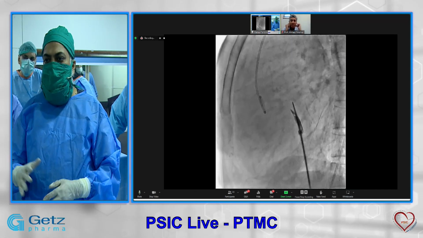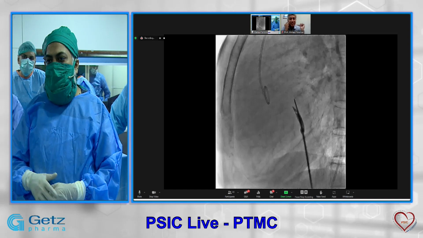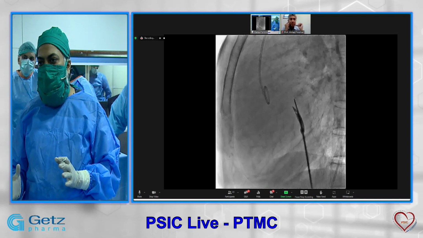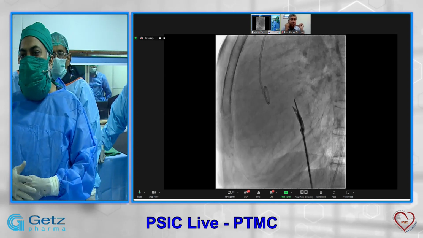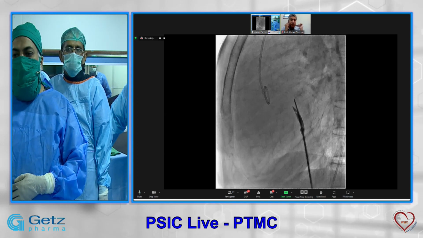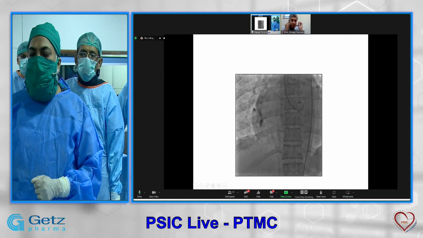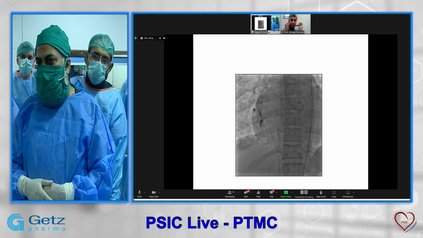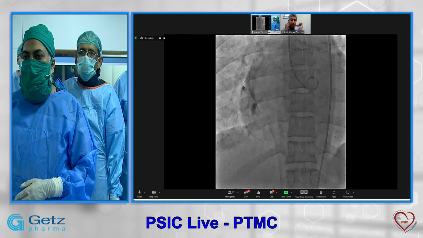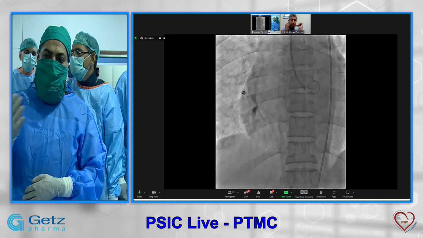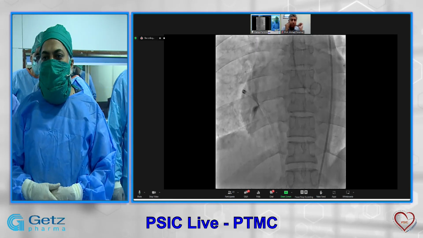Again, you see something weird. The needle direction is abnormal. The dye is not washing out. But unfortunately, next please, the operator had already introduced the dilator and the sheath. And once you go into the RA, you find out that there is something really wrong. Next, please.